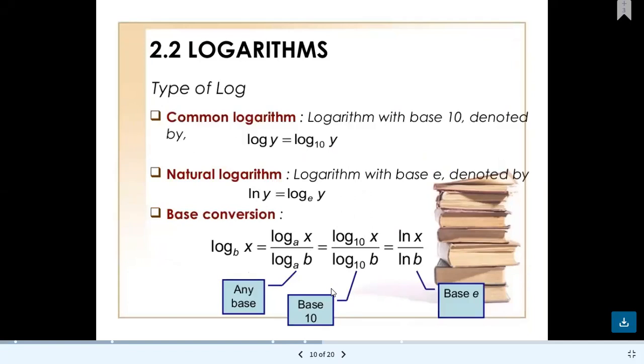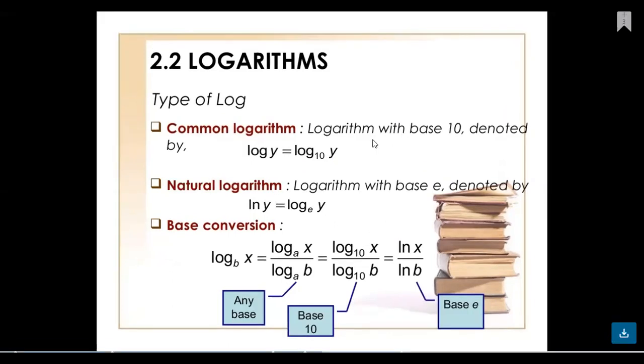Okay, so logarithms. Types of log: common logarithm, the logarithm with base 10, denoted log y, is equal to log base 10 of y. Okay, so natural logarithm with base e, denoted by ln y, is equal to log base e of y.